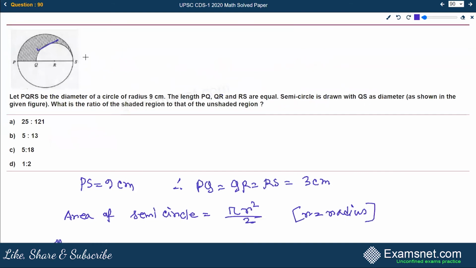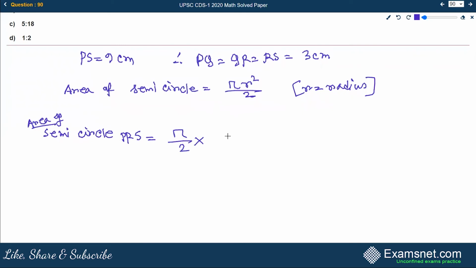Here r is, if diameter is 9, r will be 9 by 2. 9 by 2 whole squared, square units. So that is 81 pi by 8 square units.